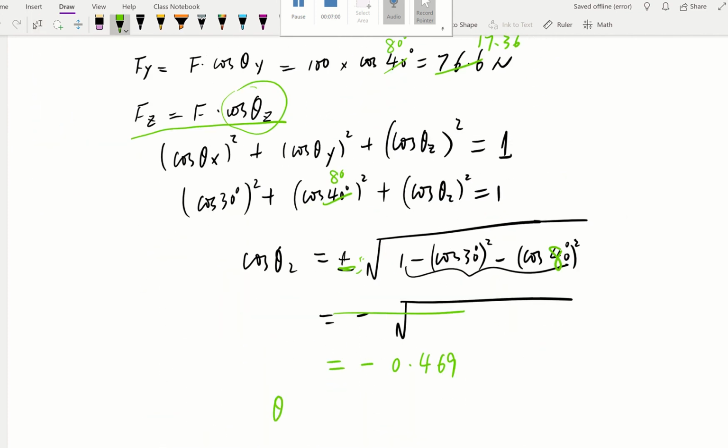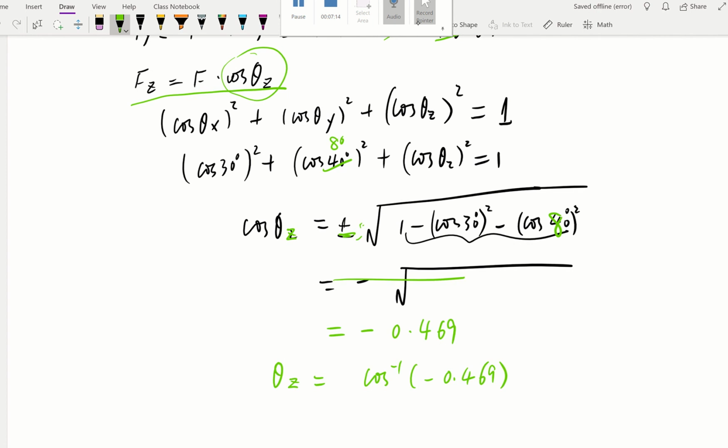So theta z will be the inverse cosine of negative 0.469. Then let's take a look. Put it in your calculator.